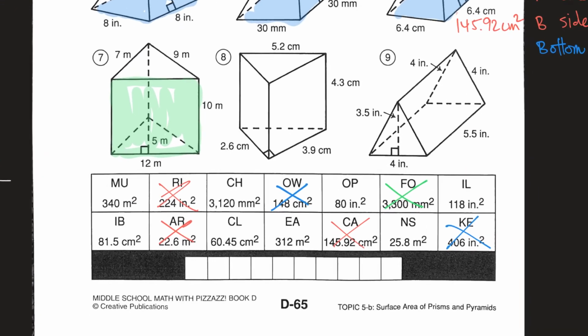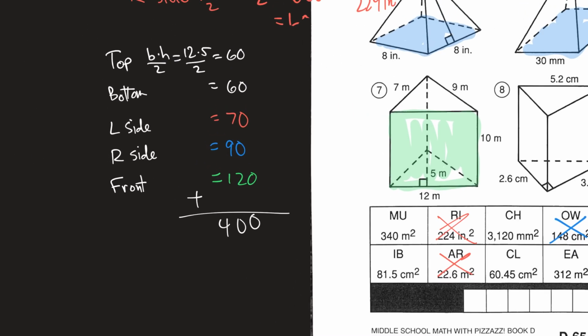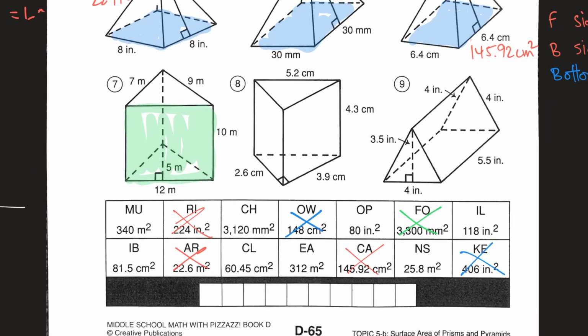So what did I do wrong? 60 and 60, that's those two. And the left side is 70, the right side is 90, and the front is 120. I must have entered something wrong. So 60 plus 60 plus 70 plus 90 plus 120 is 400. What did I miss here?